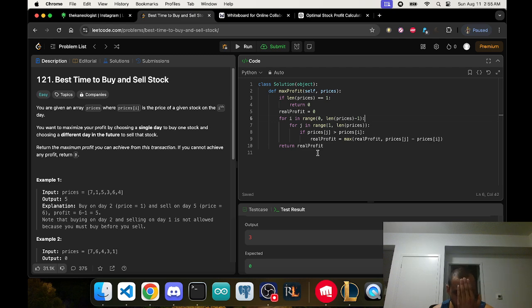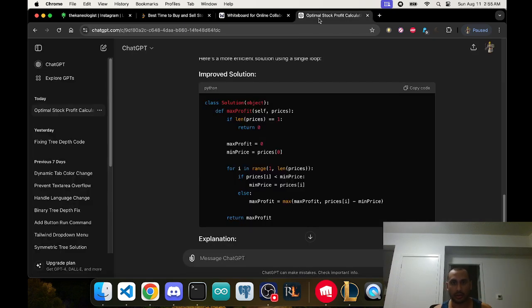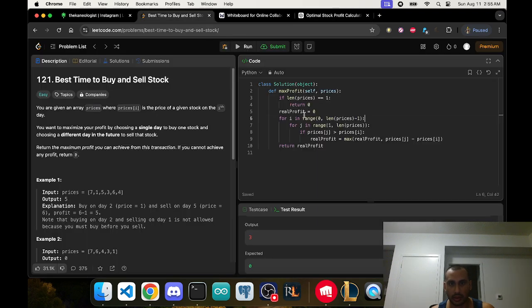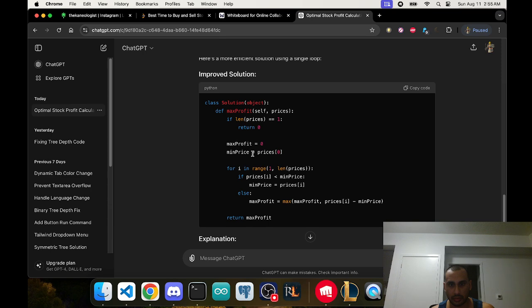Okay. So what am I doing wrong here? Max profit is 0. If this equals 1, return 0. Okay. Max profit was 0. What do I have? Real profit equals 0. Okay, cool. Min prices.